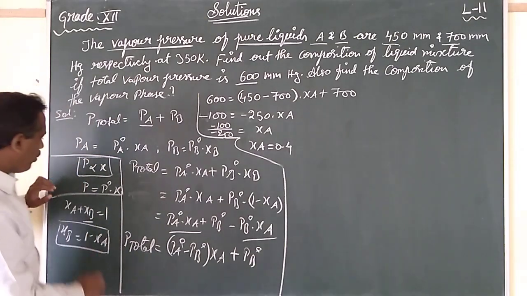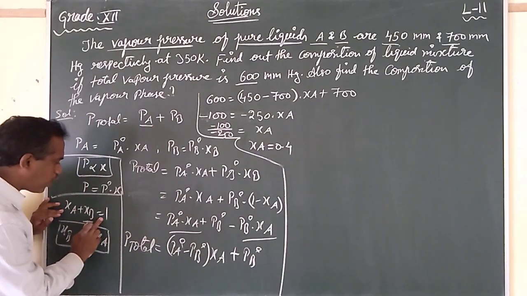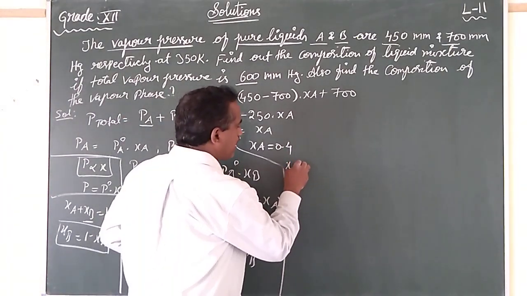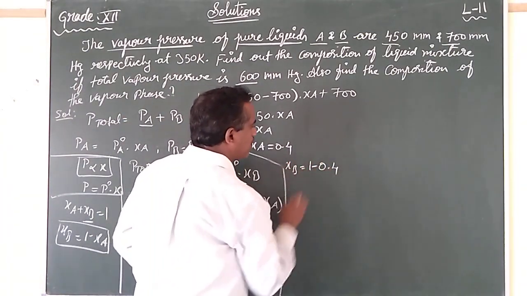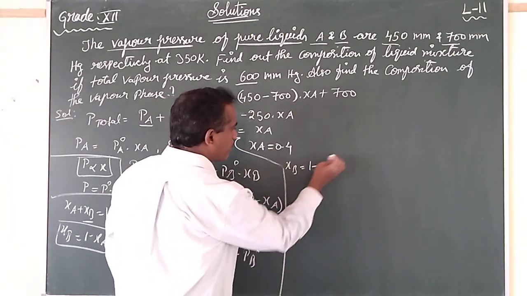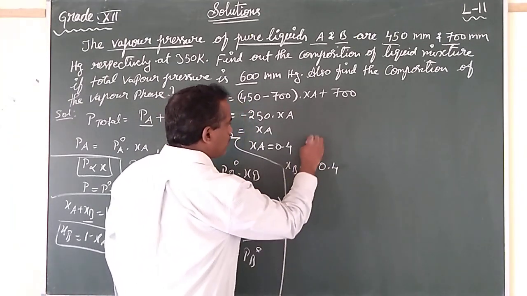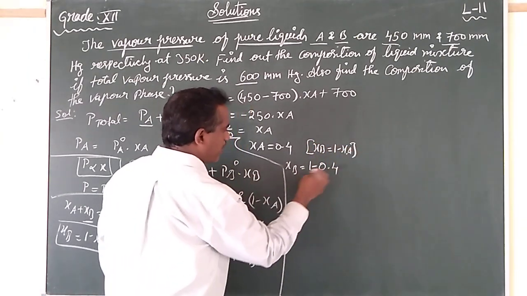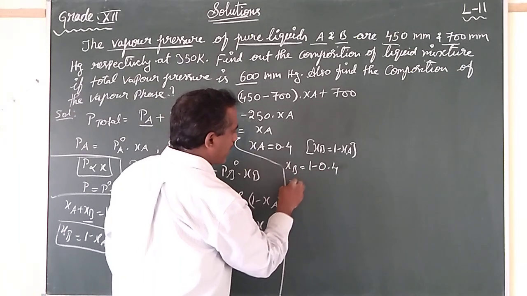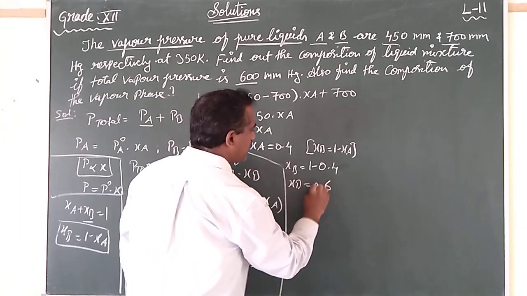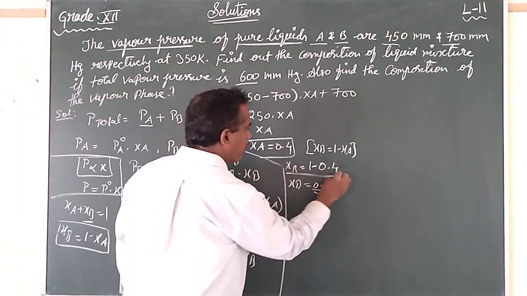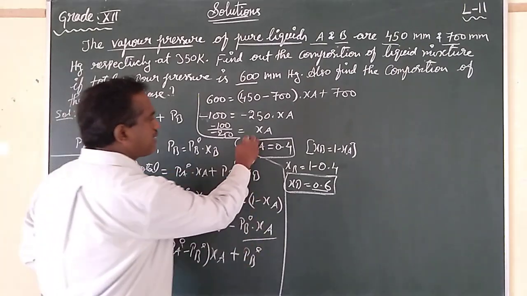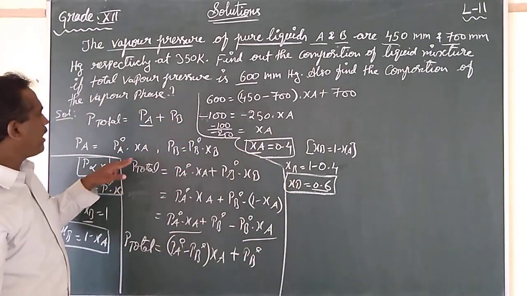What is the mole fraction XA we got? 0.4. But what do we know? The sum of mole fractions of the two components will be equal to 1. So once you have XA, XB is equal to 1 minus 0.4, since XB is equal to 1 minus XA. From there we can write XB is equal to 0.6. So up to now we are able to derive the mole fractions. Now we substitute these values of XA and XB into our equations.